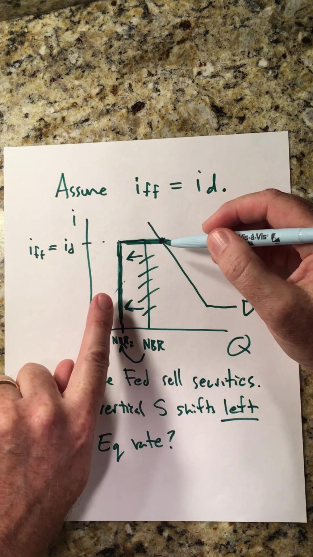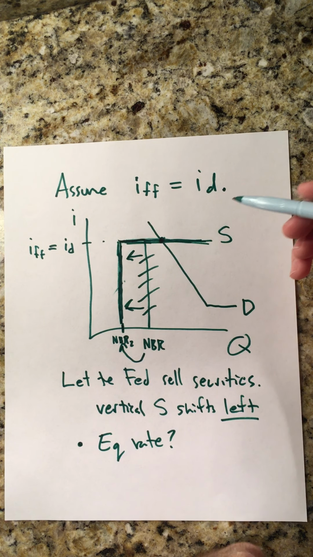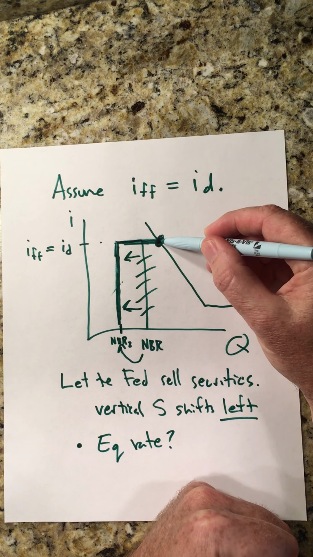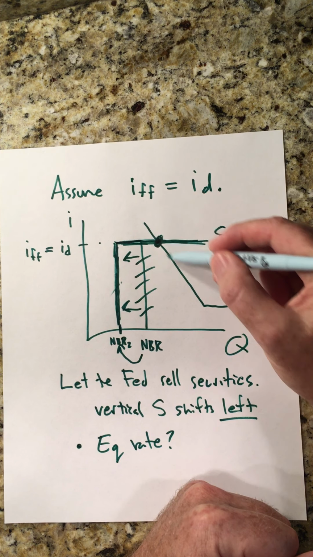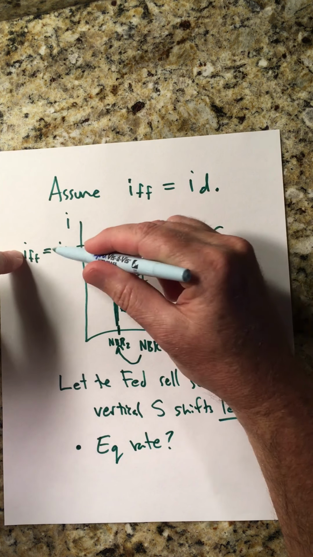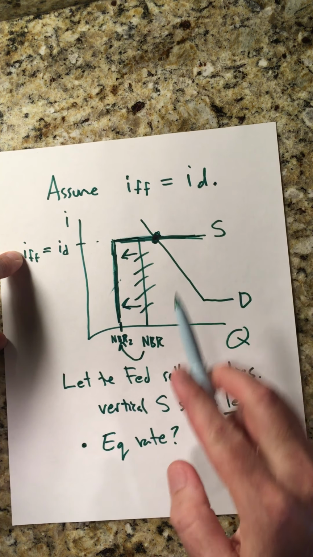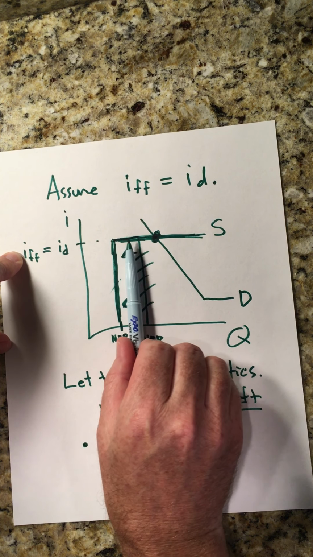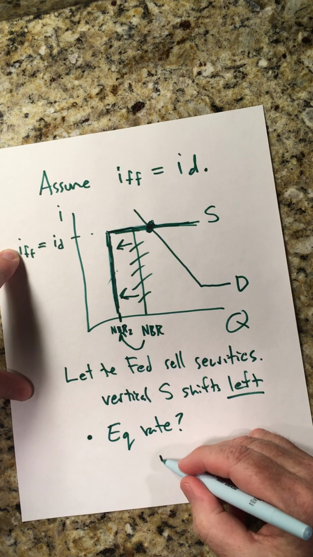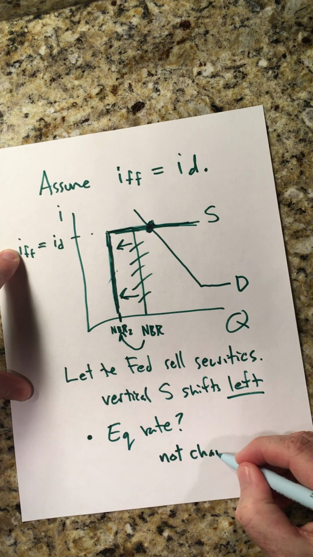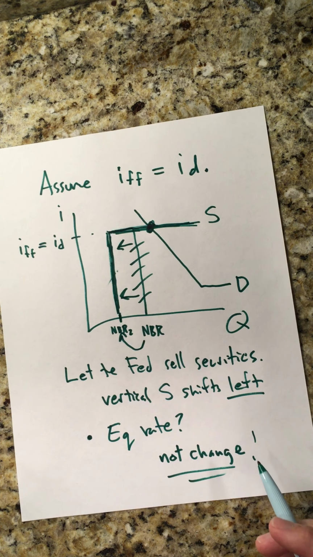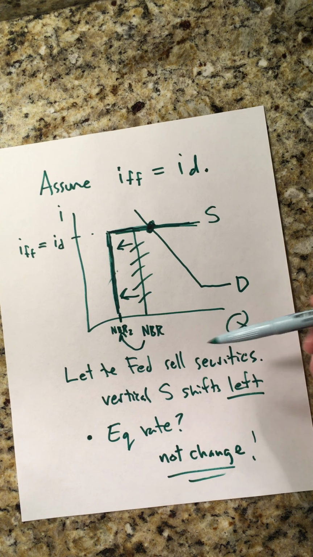Well, when I shifted this over to the left, you can see it had no effect on exactly where they cross. They still cross at the same point. The demand curve hits the supply curve here, which means on the vertical axis, IFF is still equal to ID. So when I shift this vertical part of supply to the left here, I'm having no effect on the market rate. So for my equilibrium rate, the correct answer would be, in this case, it doesn't change. So no change to the equilibrium rate as a result of this open market operation.